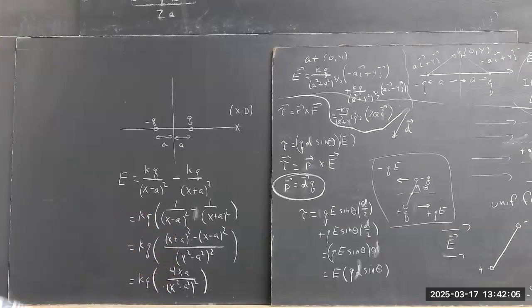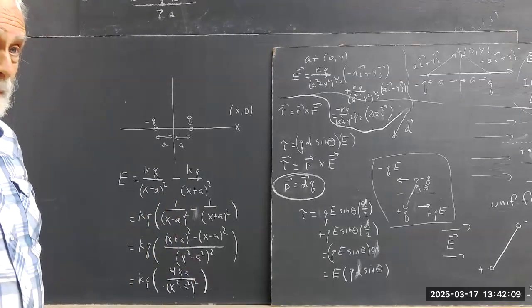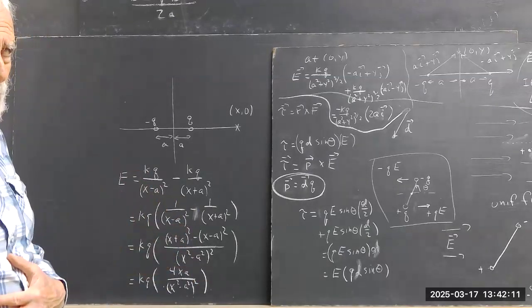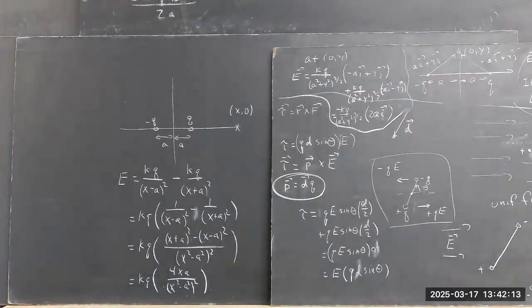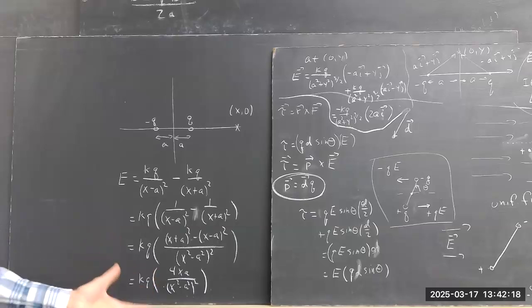And the numerator is like a multiple of x. So it's going to be like an inverse cube again. Doesn't seem right. I'm probably thinking about a quadrupole. But anyhow, do the algebra. It's a significant little bit of algebra, but it's just algebra too.